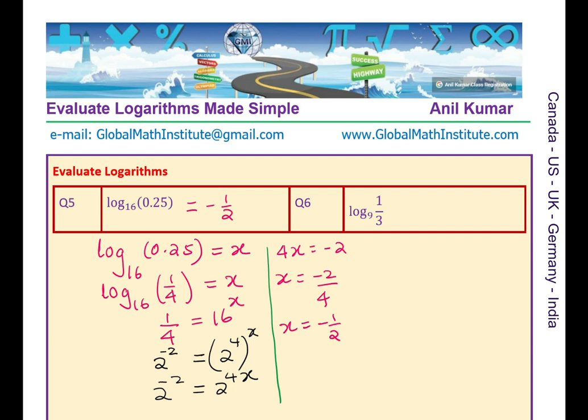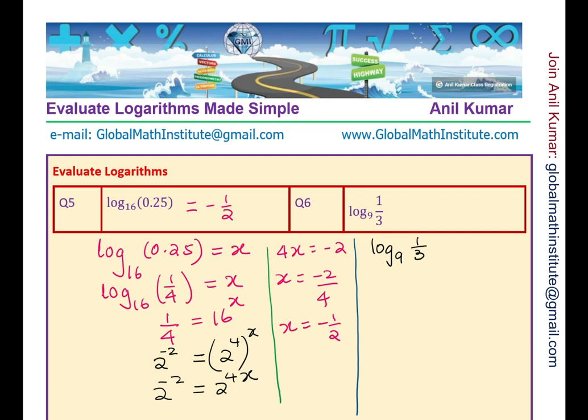Makes sense? So you see how we did it. We wrote both as powers of 2 and then got our solution. Correct? We are going to use this strategy from now onwards, and we'll solve the next question, which is log to the base 9 of 1 over 3.